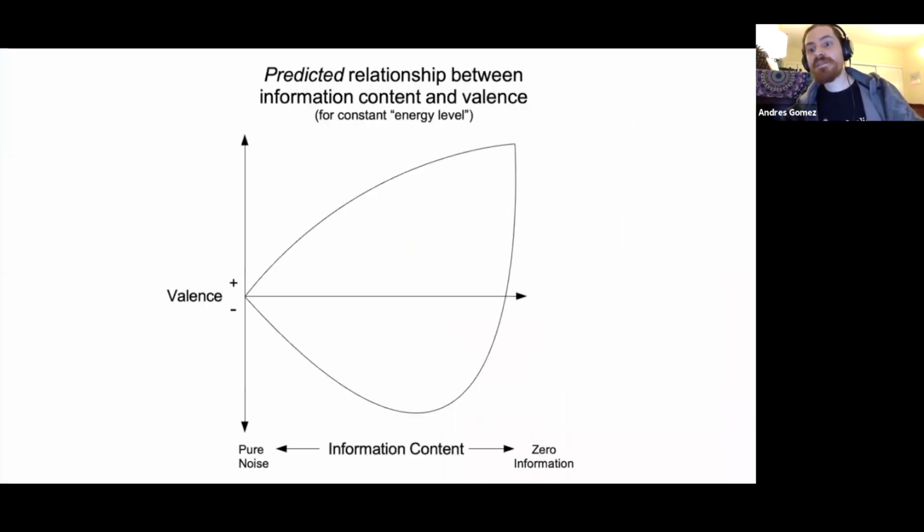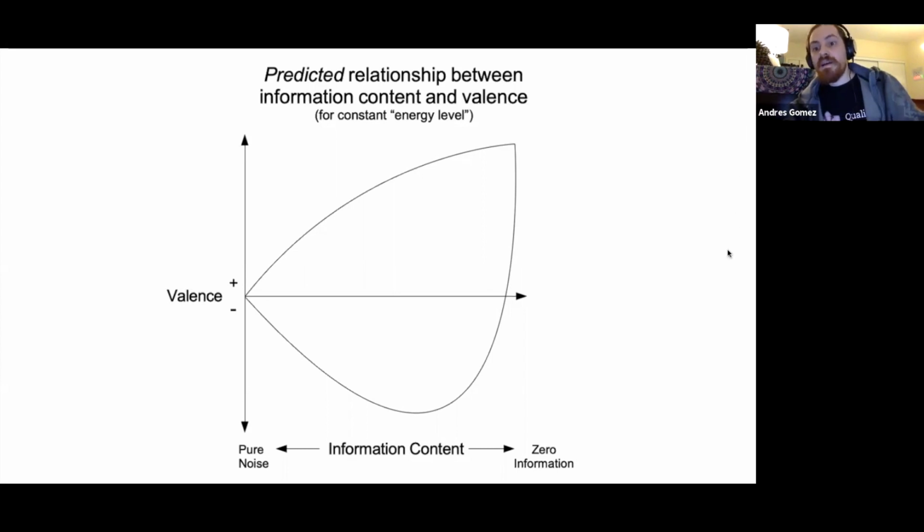Something the symmetry theory of valence would say, and I'll explain it in a couple slides, is just to put out there in your head to bounce around as we go on: we expect a very intimate relationship between information content and the range of valence you have access to.